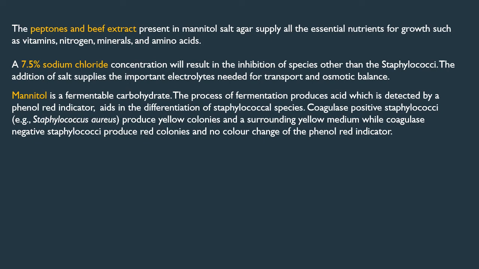So if you get a question of why you see a color change in mannitol salt agar: it has mannitol, which is a fermentable carbohydrate, and when it is fermented, acid is produced which reacts with the phenol red indicator, and thus the color changes from pinkish red to yellow. So this is the answer.